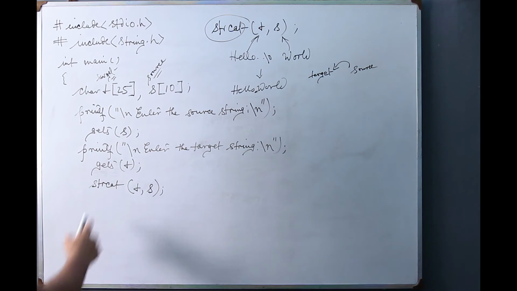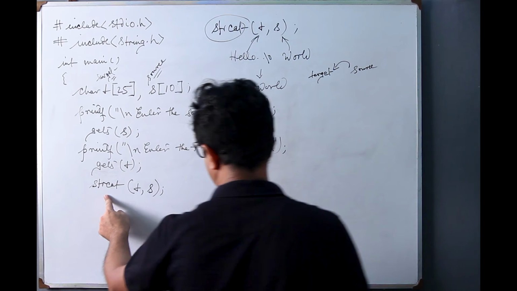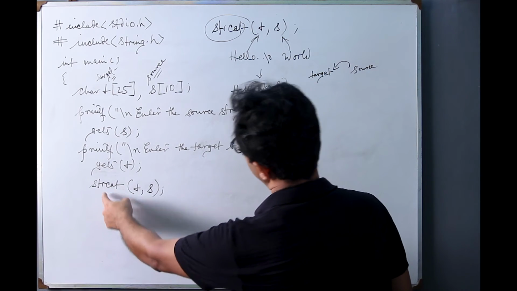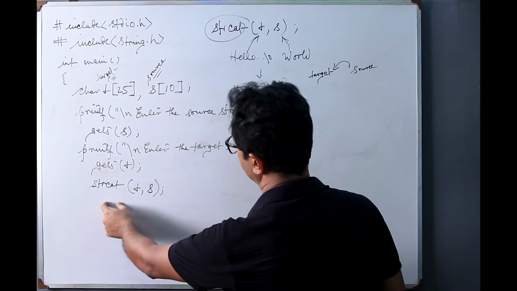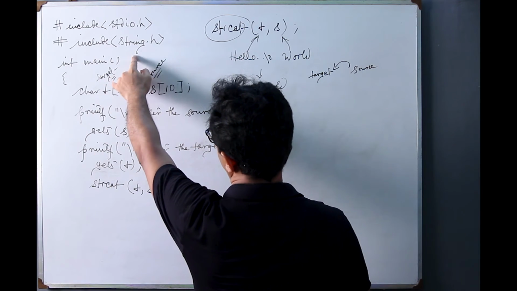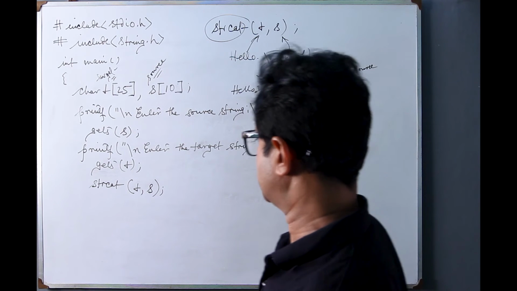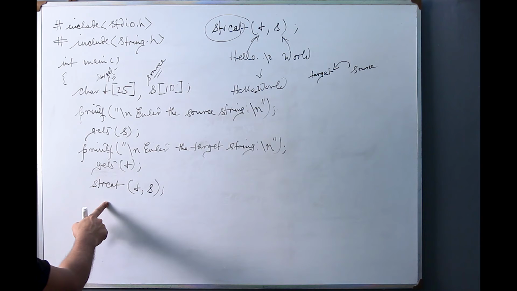So in this way we will call the library function strcat in this line, and since this is a library function, its respective header file string.h has already been included above the main section. Now after this, what happens?